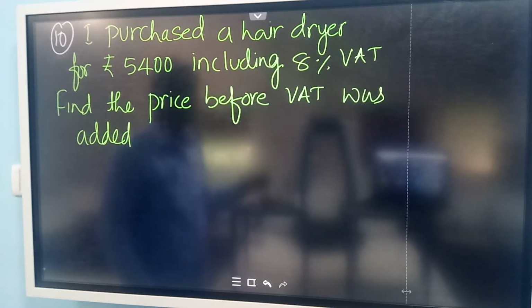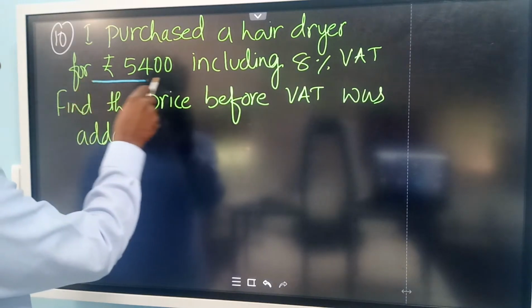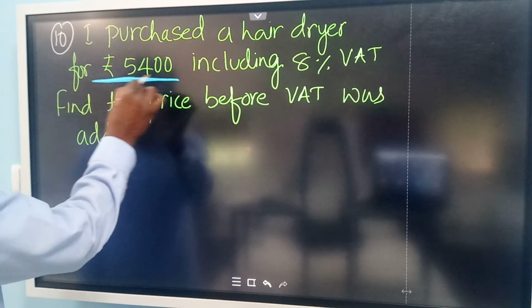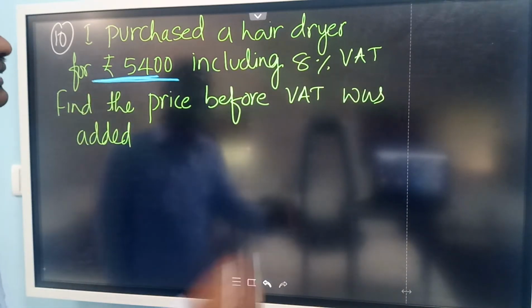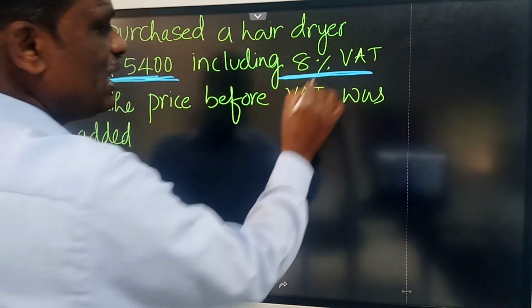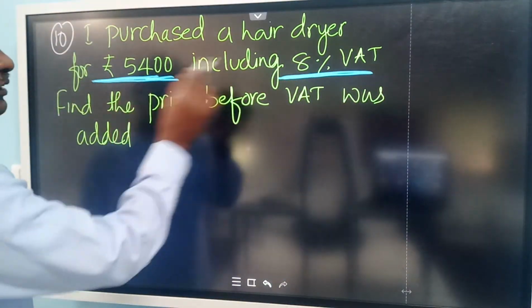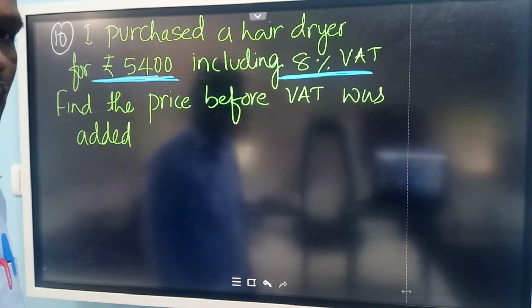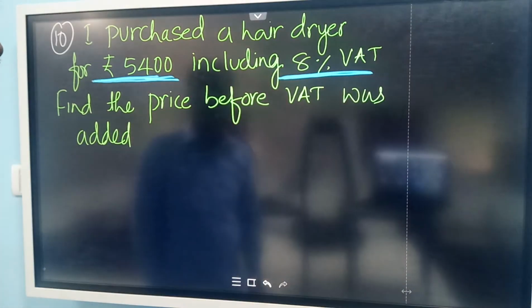I purchased a hair dryer for rupees 5,400. So this is the amount he paid to buy the hair dryer. This is including 8% VAT, value added tax. So 5,400 includes the 8% tax also.